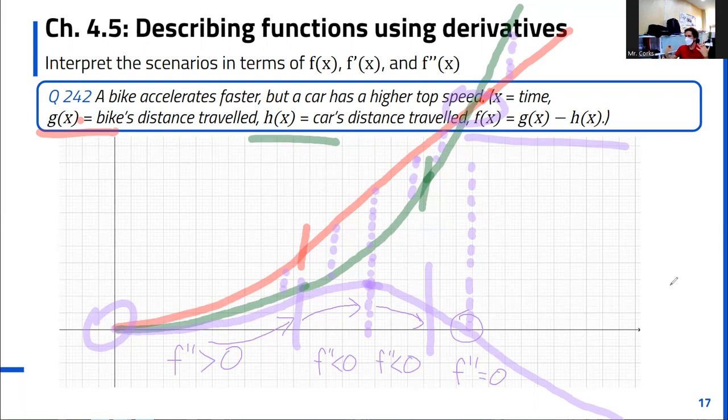And the car, I don't know, wins the race or whatever is happening here. So that's the pattern. We have second derivative curving up, then curving down, and then going to exactly 0 and staying there when both vehicles are at top speed. Okay, so a little more complicated. You can kind of see why I left this one for the end.